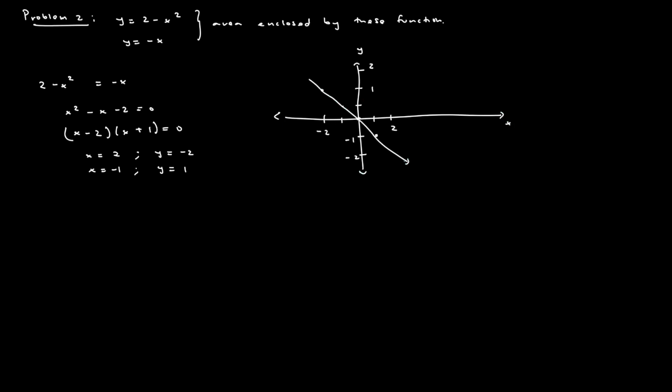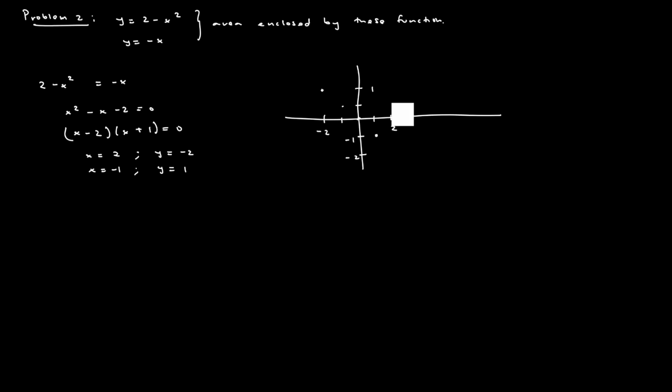Now let me graph the parabola. At x equals 0, it takes on value 2. I know that at x equals 1, it takes on value... okay, this should be 2 by the way, and oops, I messed up the axes.